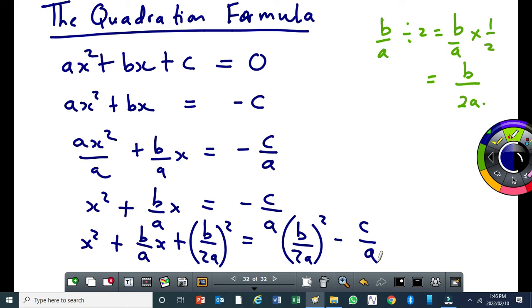Then, let's factorize the left-hand side. Then we'll simplify the right-hand side. Okay? If I factorize the left-hand side, in fact, I can simplify it. This bracket here is going to become b squared over 4a squared. Okay?